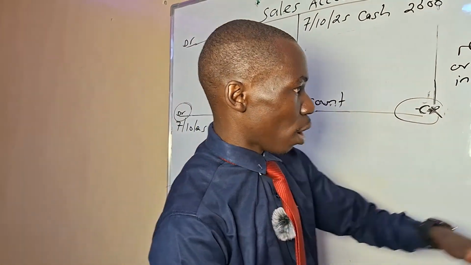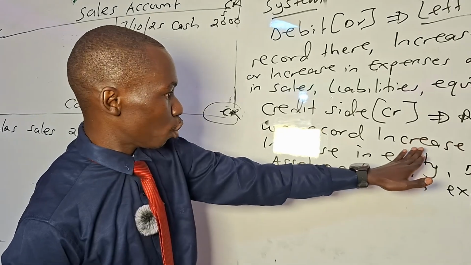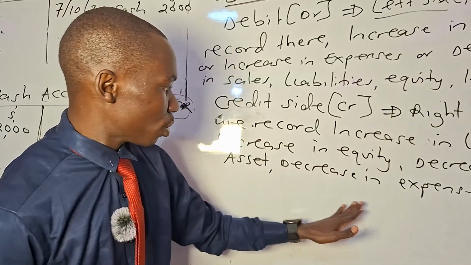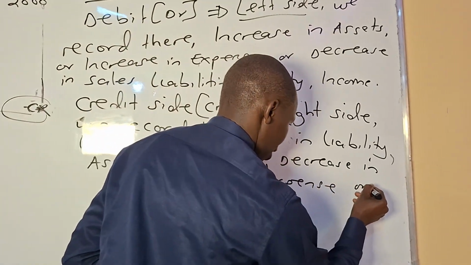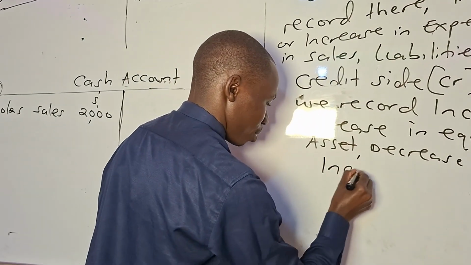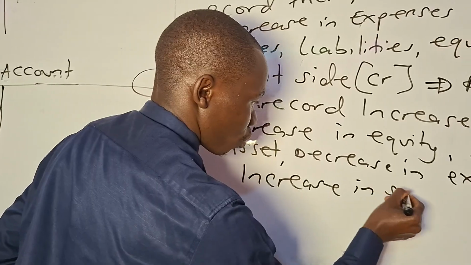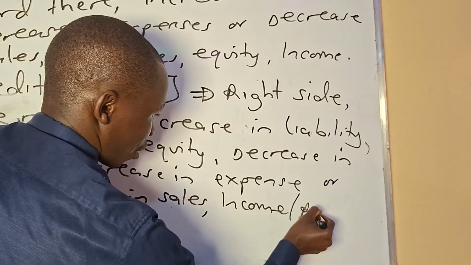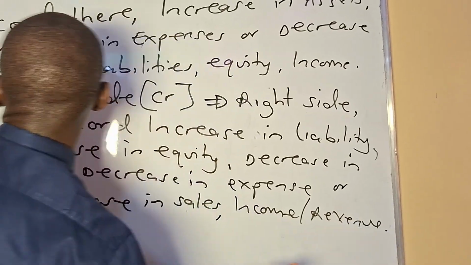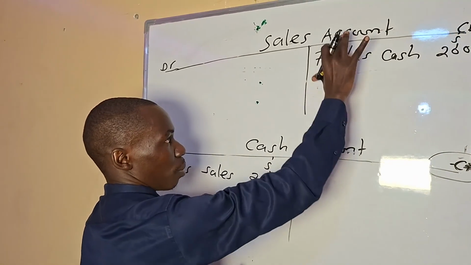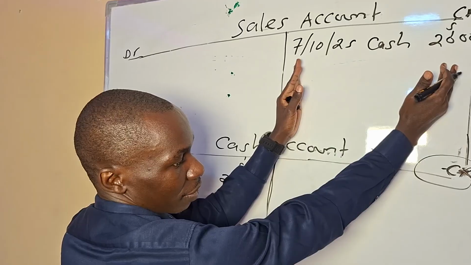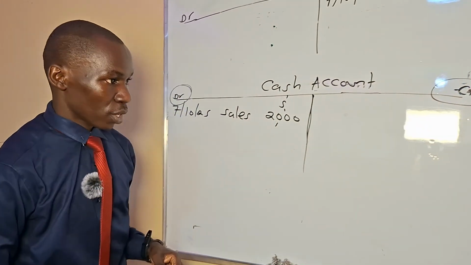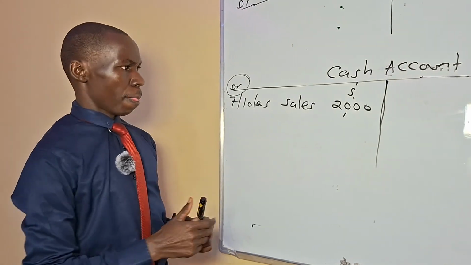So once you are on the right side of your account, you just put increase in liability, increase in equity, decrease in asset, decrease in expense, or even increase in sales, income, or revenue. That's why when our sales were increasing, as we were making sales, we recorded on the credit side, because on the credit side is where we put any increase in sales.